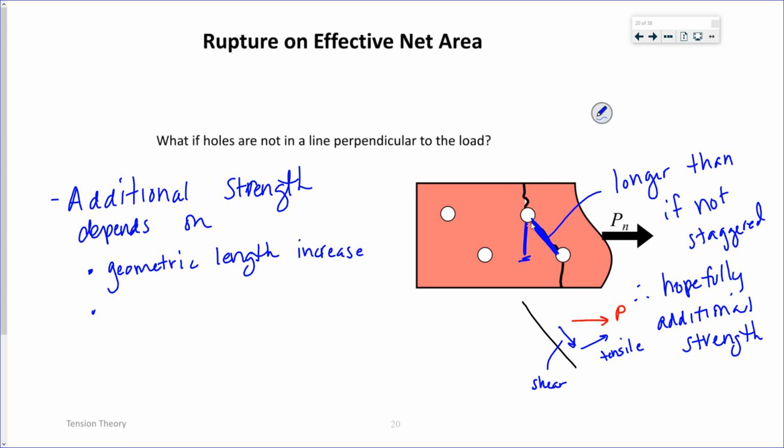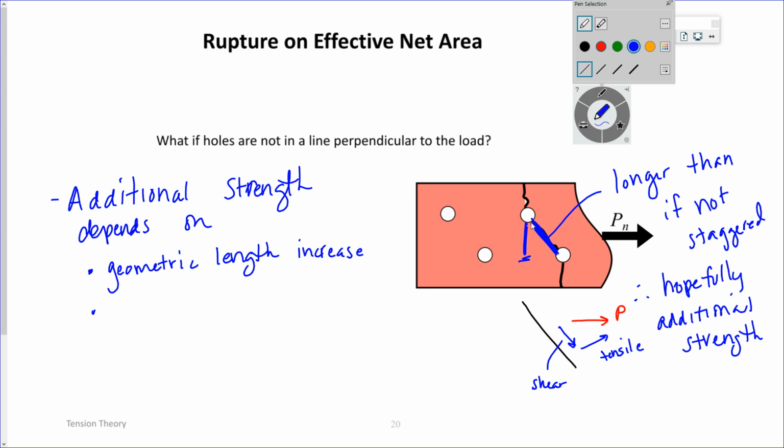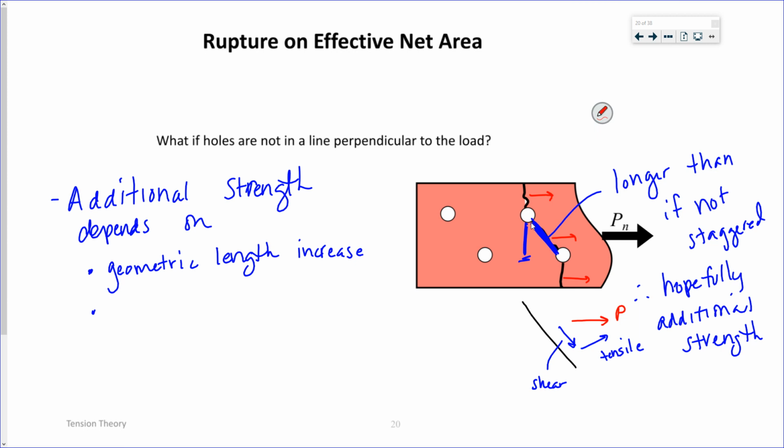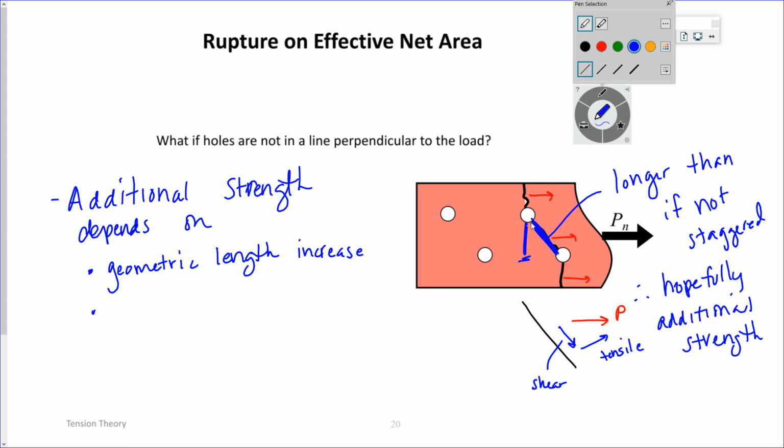It's not in pure tension. If it was here, that's pure tension. Here, it's tension and shear. So I do get some additional strength because it's longer.